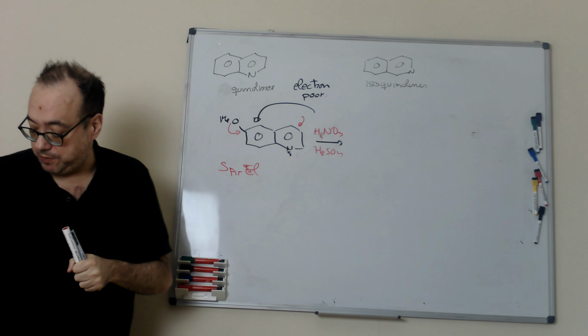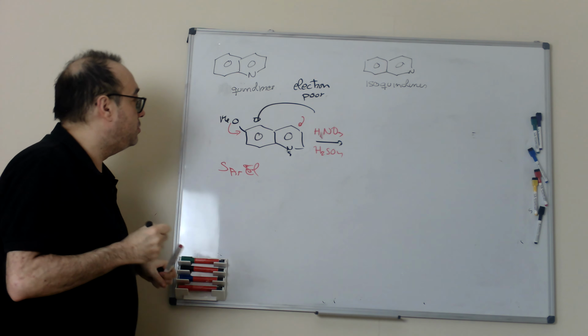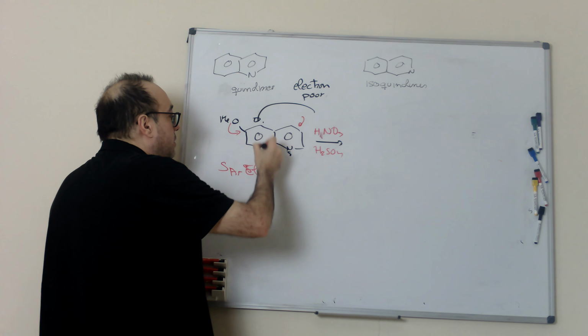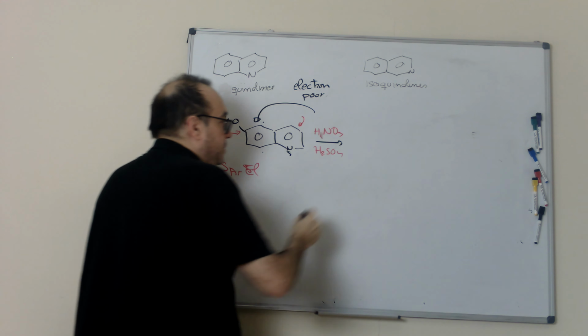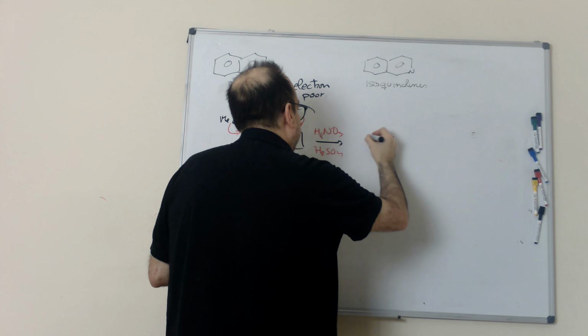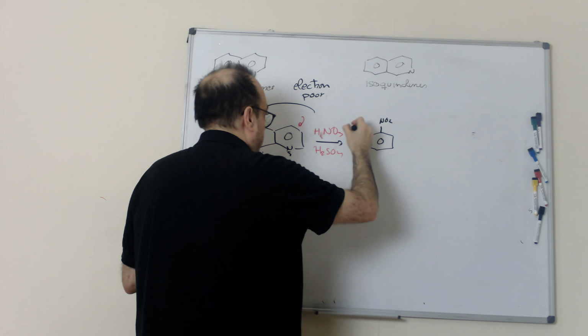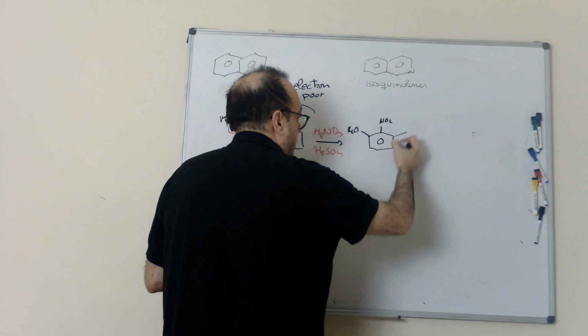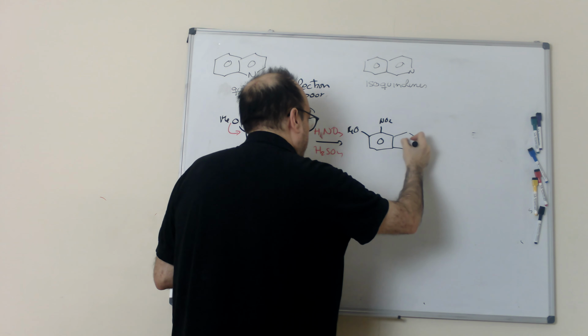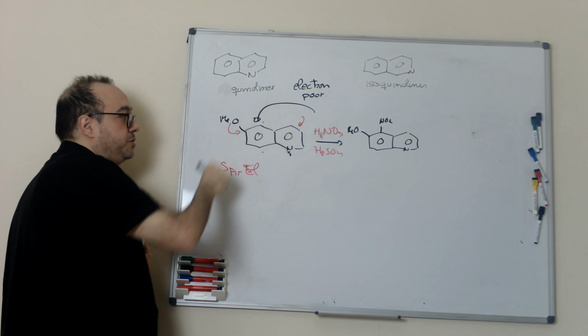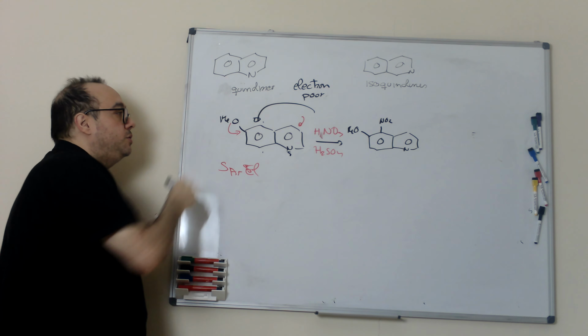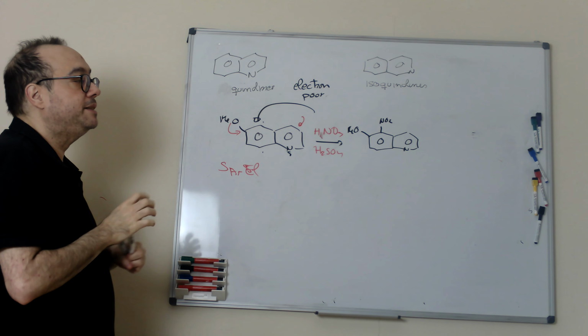Which position will it go to? Basically, it will go to the 1,4 positions. Okay? In this case, it will go to this position because it's ortho to the activating group, that is the methoxy. Okay?